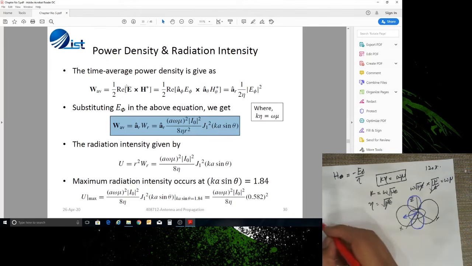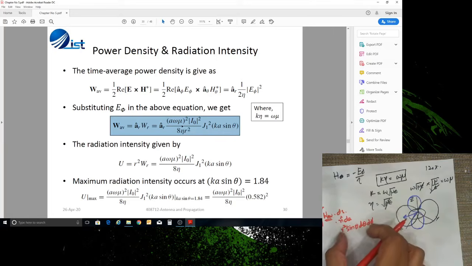P radiated is the surface integral of W average dot ds, which is also equal to W average dot n unit vector dA, and this dA is r square sine theta d theta d phi, and this W average, the average power density, is this expression over here.